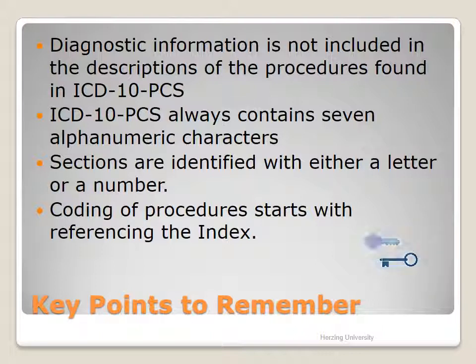And in order to code, you always have to go to the index first. Sections are identified with either a letter or a number. And again, make sure you always reference the index first when coding procedures. That is key to being able to code correctly in ICD-10 PCS.